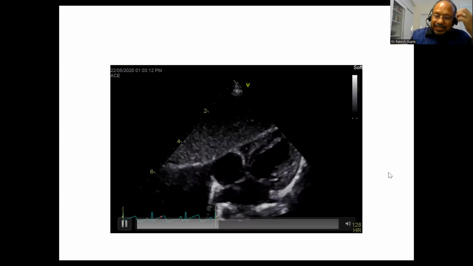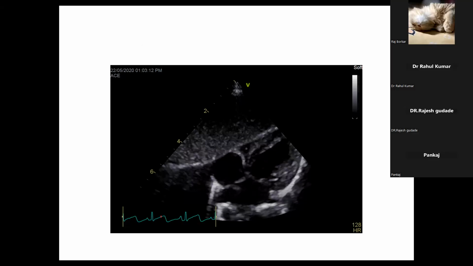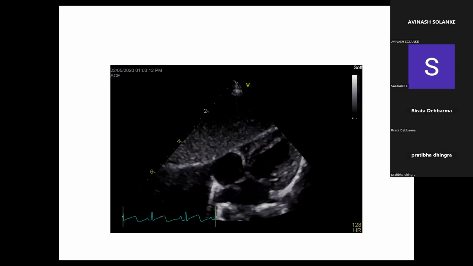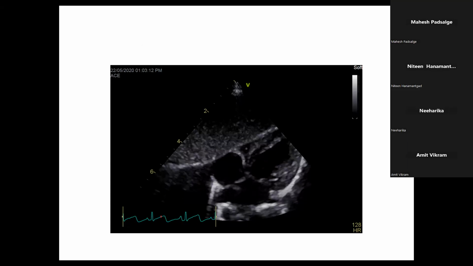Now, what exactly is it? I can't show you on a screen right now. How do I show this? Give me a second. My image is not visible, so I want to show you what exactly. So this image is visible.